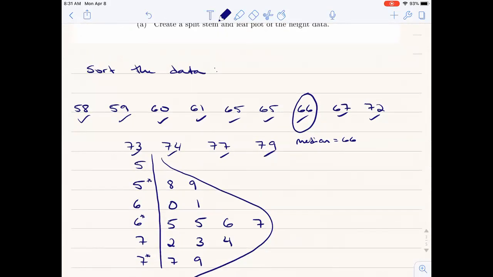Now our first quartile, we just find essentially the median from 58 to 65. To show that we're taking the average of two values, we'll say Q1 is 60 plus 61 divided by 2, which is 60.5.